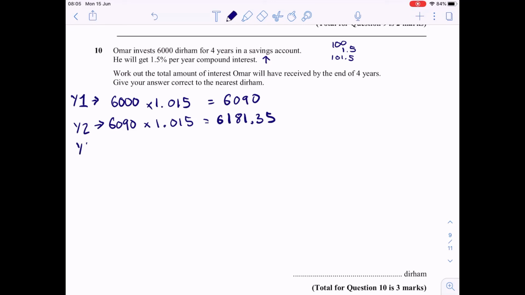Now we need to work out what it's going to be after 4 years, so I can do it again. On my calculator, I'm going to replace 6,090, and this time, instead of writing out 6,181, I'm just going to use the answer button. That will take my previous answer and times it by 1.015, and the next value is going to be 6274.07025.